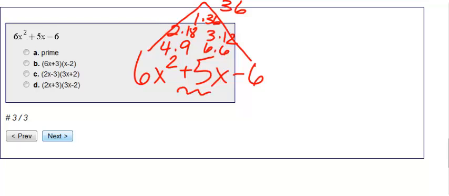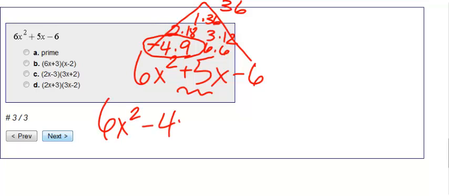My goal is to get a positive 5. Out of all those options, the only way for me to get a positive 5 is using 4 and 9, where my 4 must be negative for those to add together to get a positive 5. So what I'm going to do is split up this 5x. So I have 6x squared, then I'm splitting it up, minus 4x plus 9x, and then I still have minus 6.